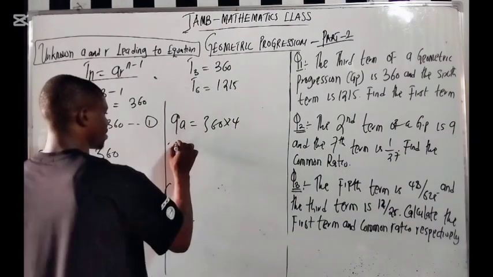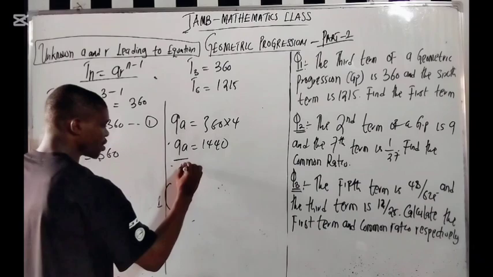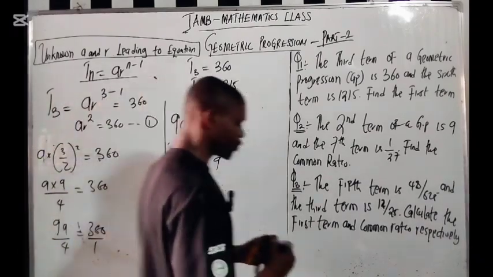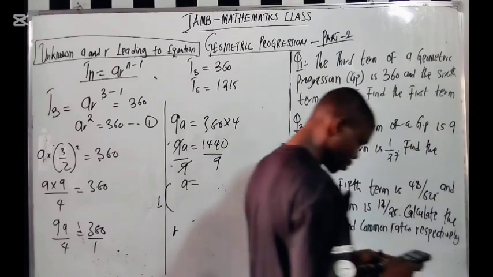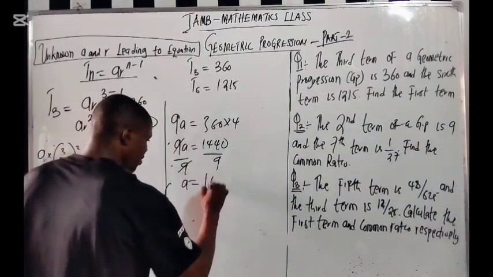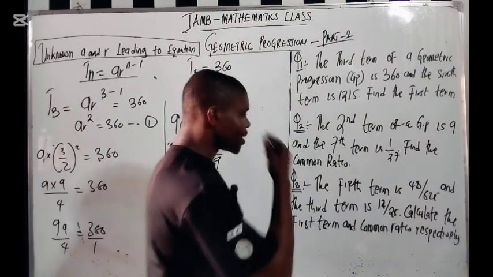So you have 9A equals 1440. Divide both sides by 9. So A equals 1440 divided by 9. The answer is 160. So my first term is 160, and my common ratio is 3/2, right? So that is it.